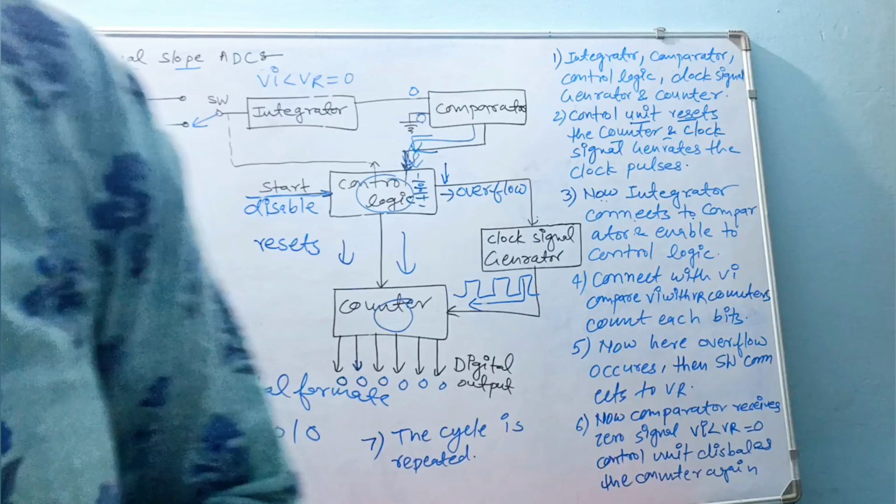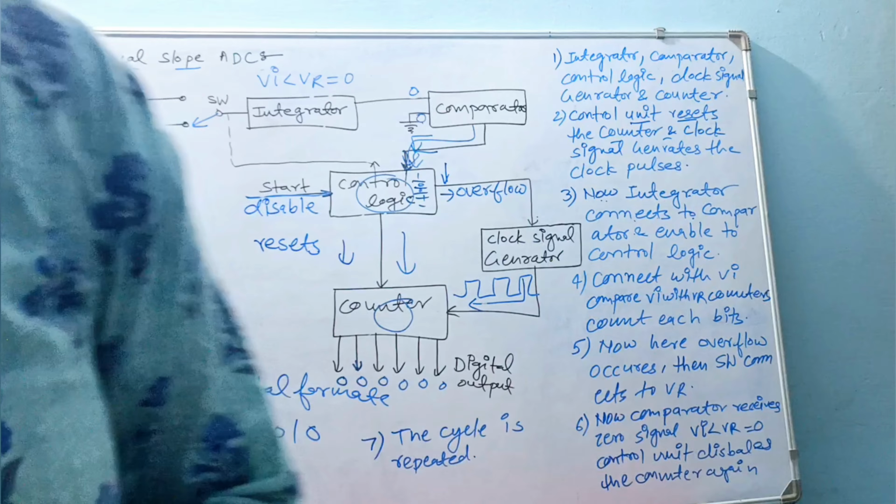What will we compare? Vi and Vr. If Vi is greater than Vr, it goes to the next block, that is the comparator, and that creates one logic, one input that comes to the comparator input, and the second logic is 0.